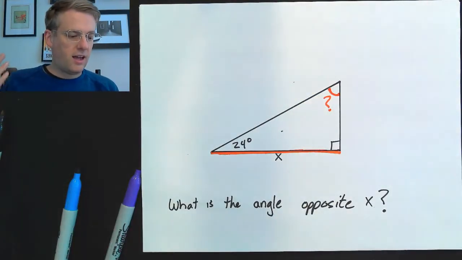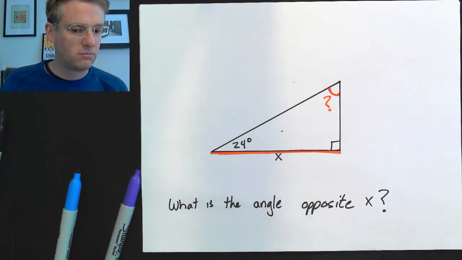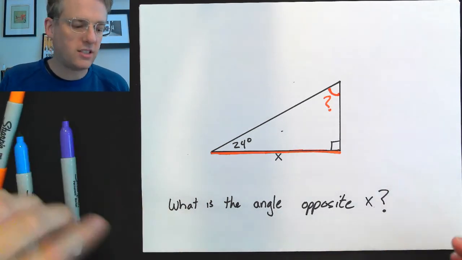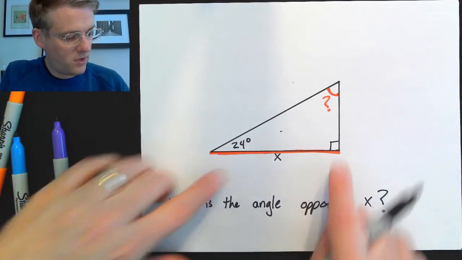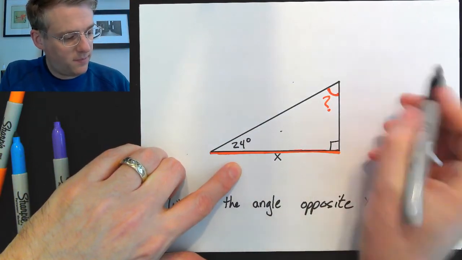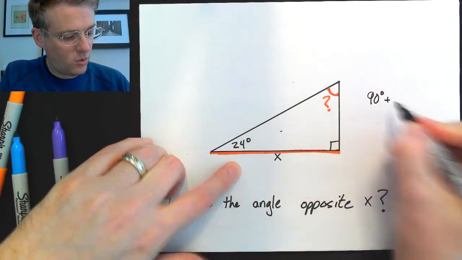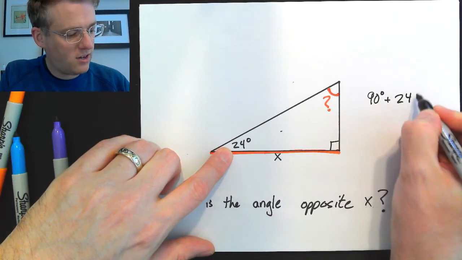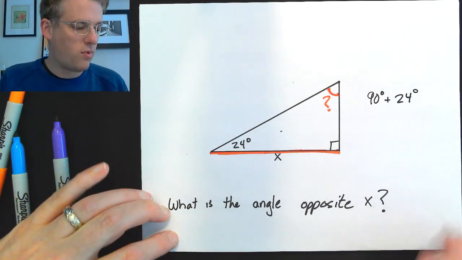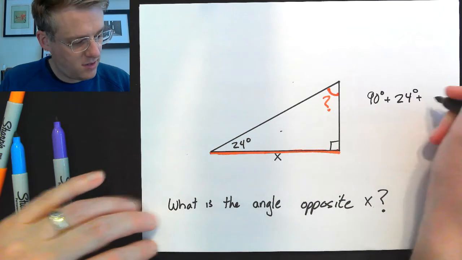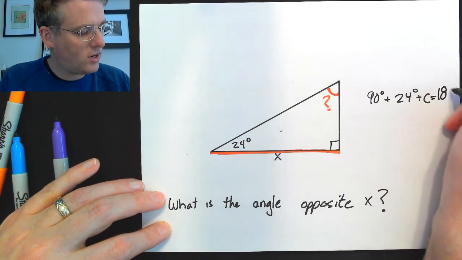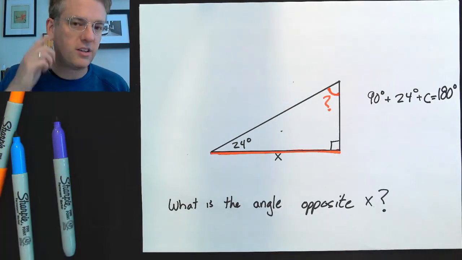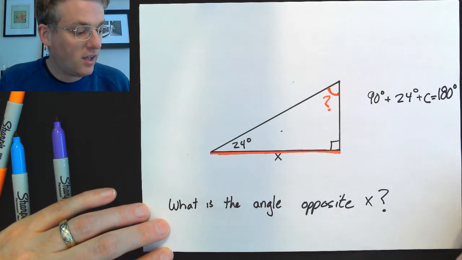I don't know how big that angle is. This takes a little bit more math because it wasn't one of the ones that's already labeled. We have a 90-degree angle here. We have a 24-degree angle here. And remember, there are 180 degrees total in the interior angles of a triangle.